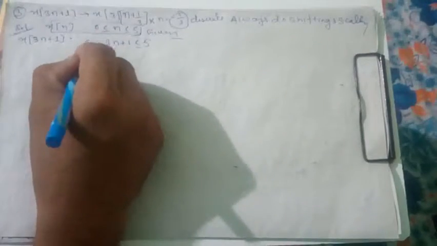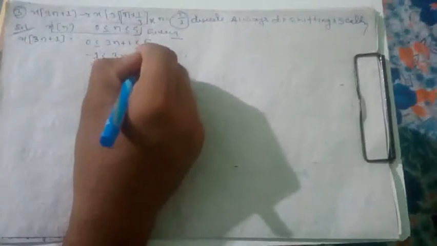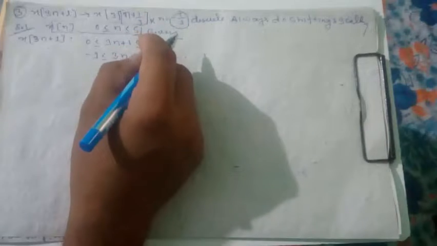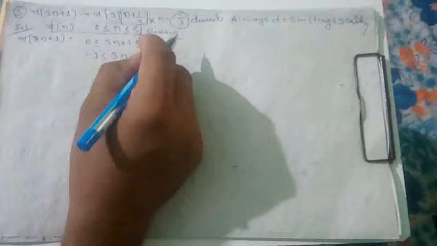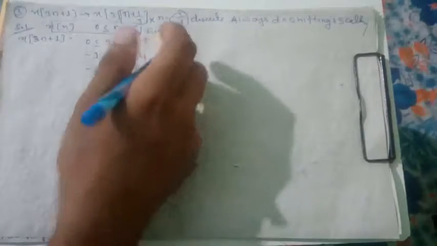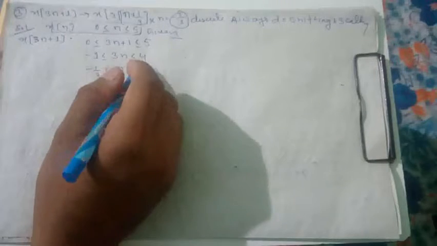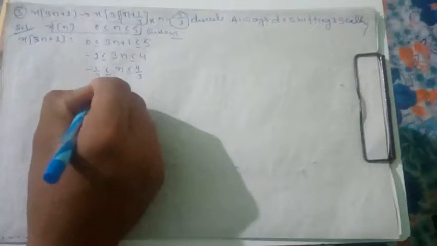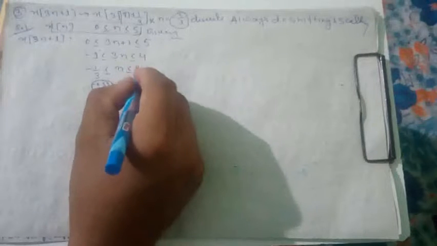That means minus 1 less than or equal to 3n less than or equal to 4. For removing this, that means 1 by 3, we get minus 1 by 3 and 4 by 3, that is minus 0.33.